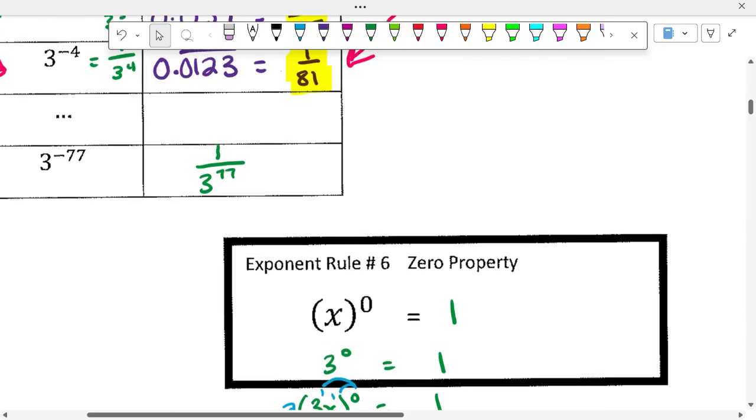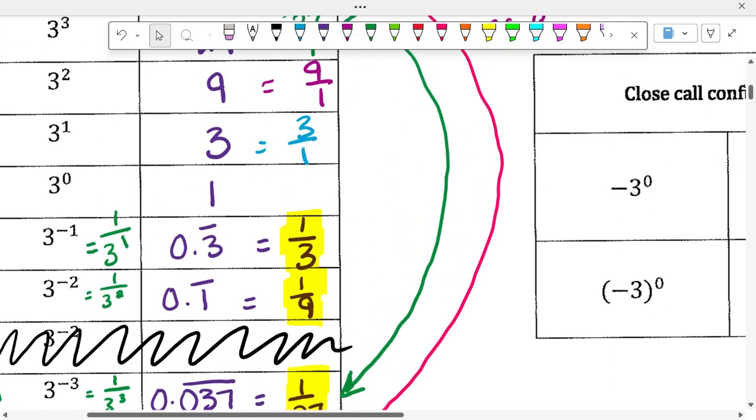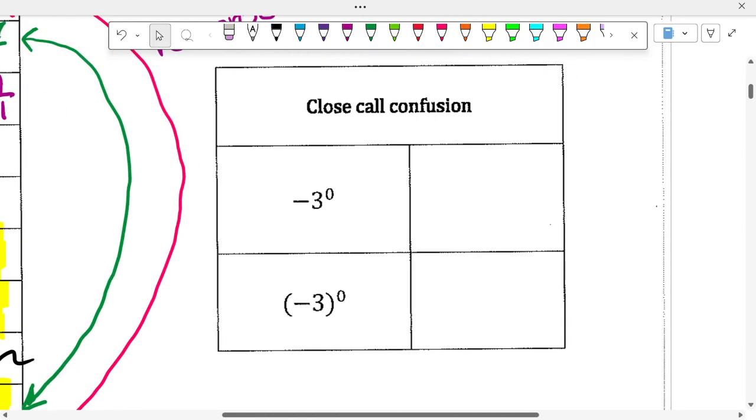That also gives us this conundrum. So I have nailed this into you guys with your calculators all the time, especially when you're raising a negative number to a power. So think about this carefully. Which one of these two will give me 1? Only one of these will give me 1. Which one? Top or the bottom? The bottom.